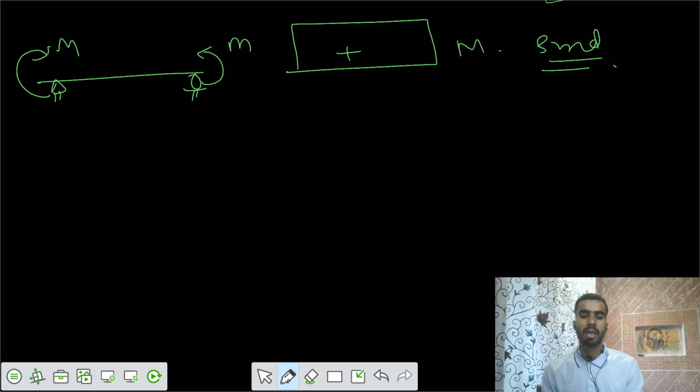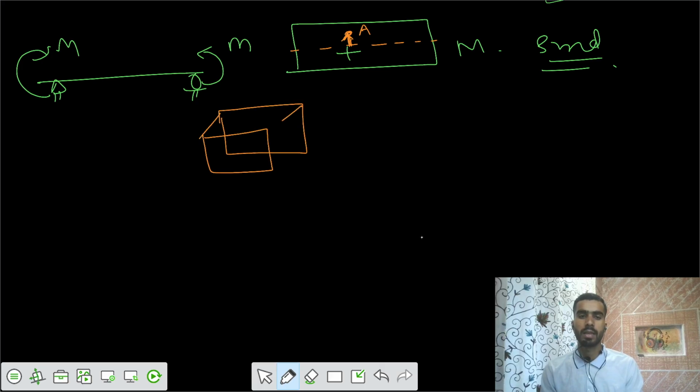So then you want to say, at a particular point A above the neutral axis, is there any balance of the forces on that differential area above point A?